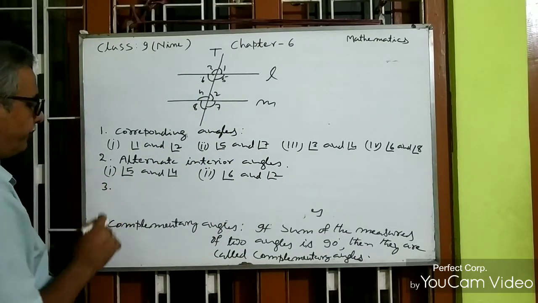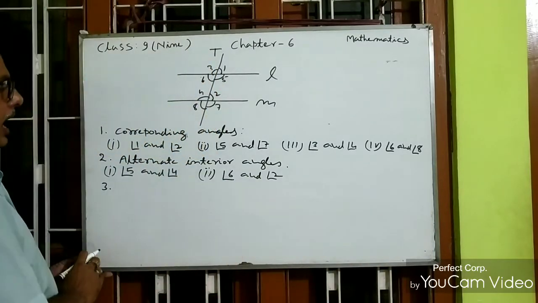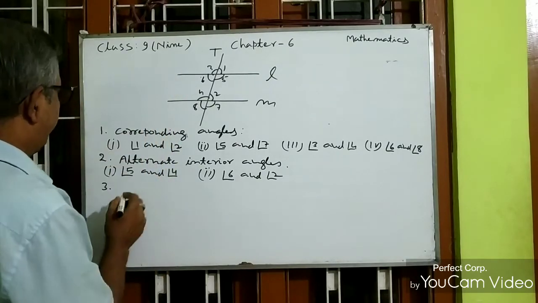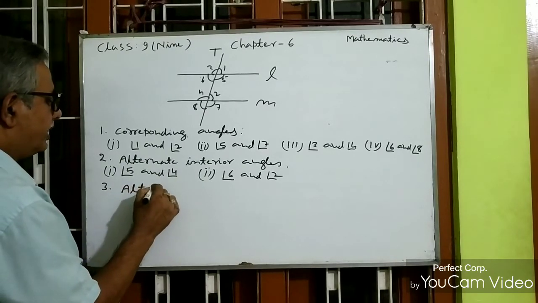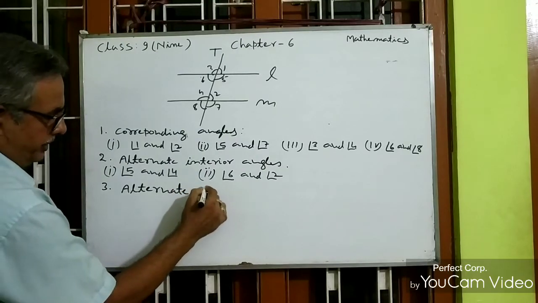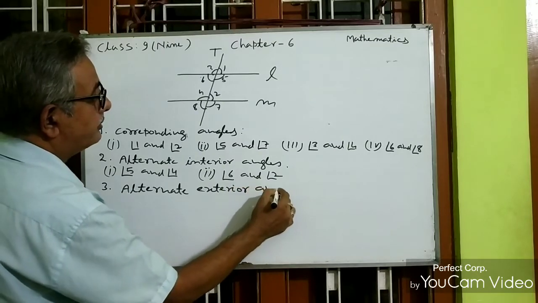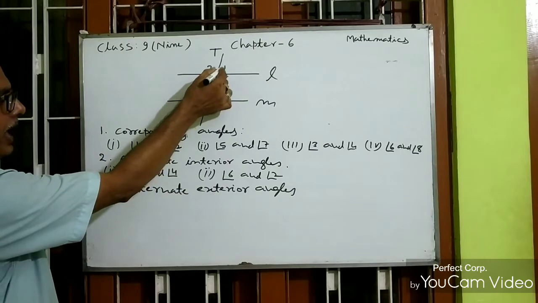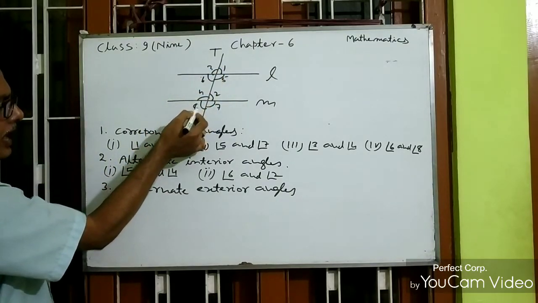Then you see, pairs of alternate exterior angles. Alternate exterior angles. You see here what you are getting, angle 1, then you are getting angle 8.